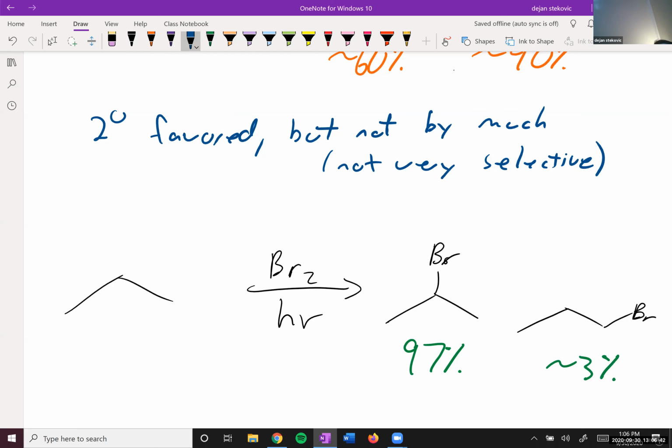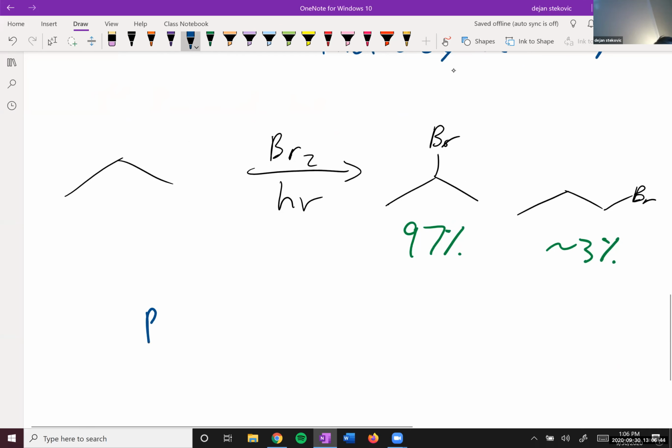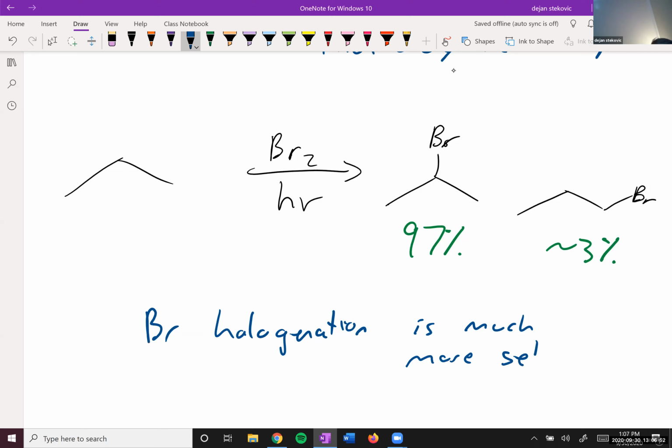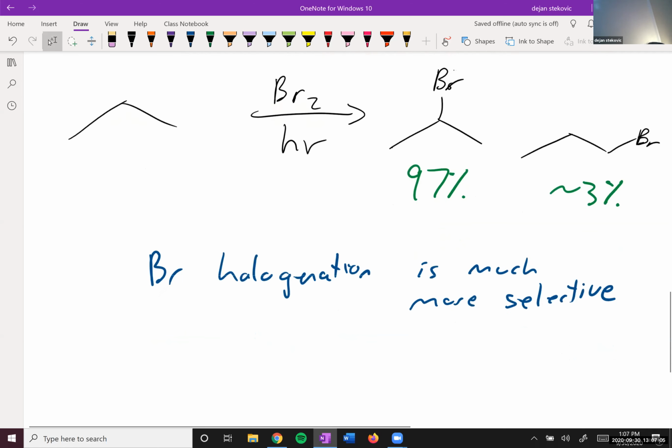And so the end story here is that bromine halogenation is much more selective. And so if you want to halogenate anything other than methyl, you're going to want to use bromine. There's better ways to make the organochlorides, iodides, and fluorides, which we'll learn about later.